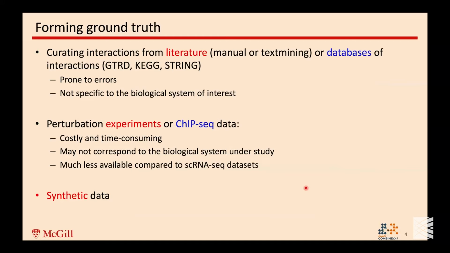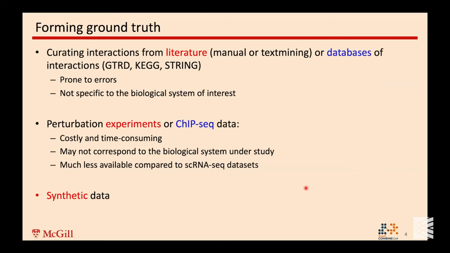Now, of course, when we are integrating data from many different sources, from many different contexts, from many different biological systems, there are issues. First of all, we end up with a network that may be prone to errors, may have edges that are not reproducible, or you may have situations where you have missing edges in your data.